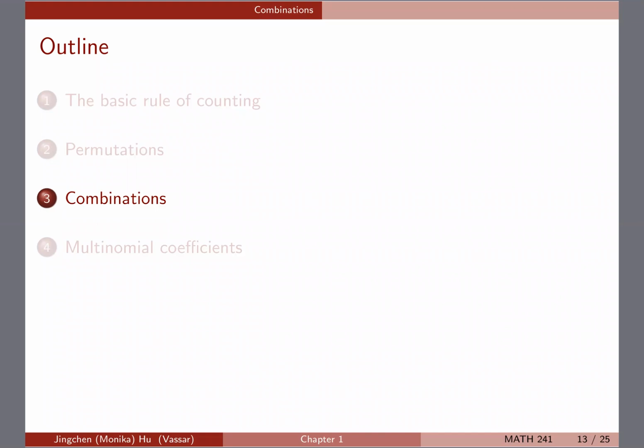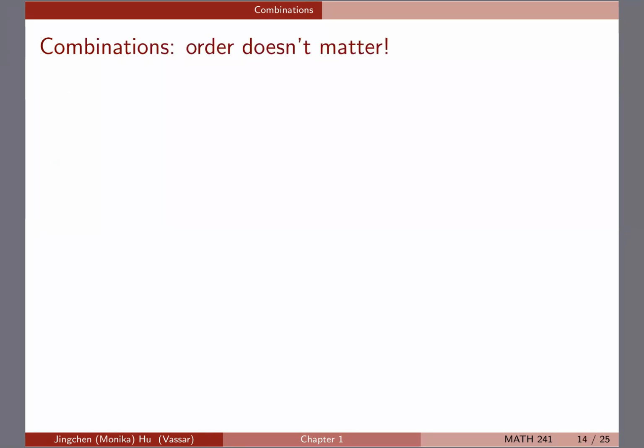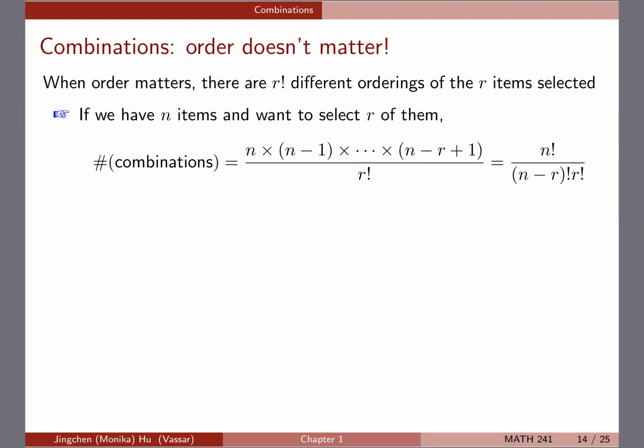Combinations is also built on the rule of counting, but it's special in the case that the order doesn't matter. So remember for permutations, when order matters, there are R factorial different orderings of R different items selected.